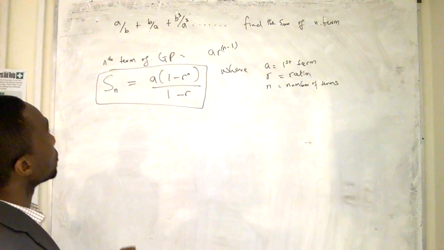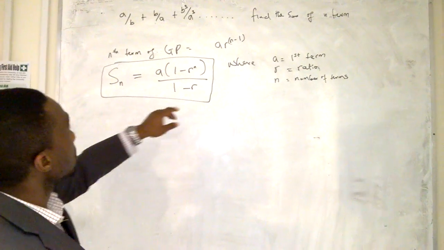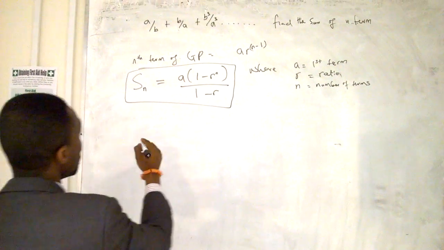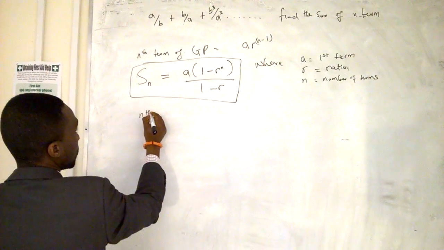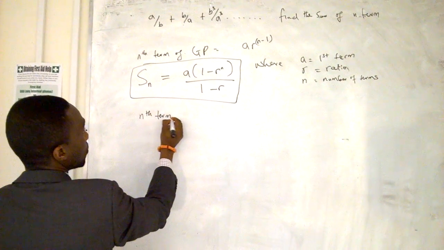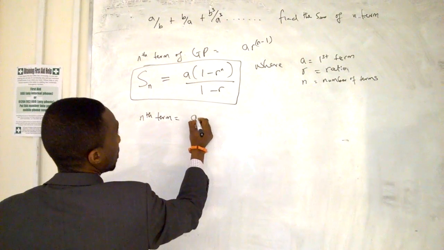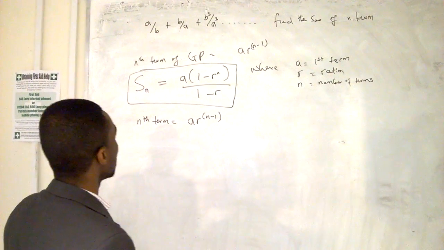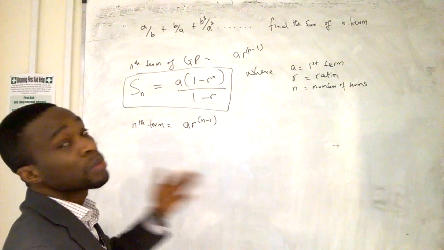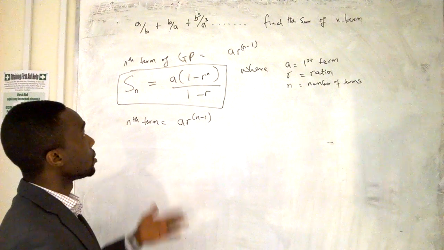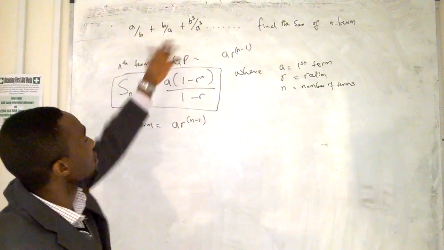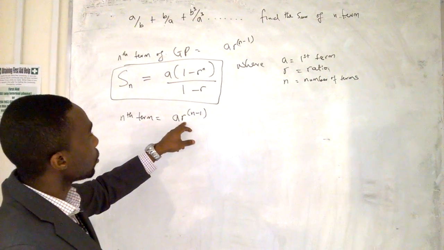But first thing first, I'm going to use this formula to find the ratio, because we know that the n term is AR^(n-1), right? What I normally advise students to do is not just to assume or think in your head. Just plug these things into the formula, and you can know what the ratio is.